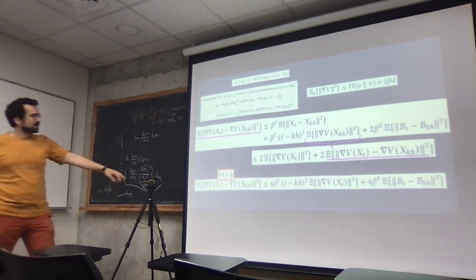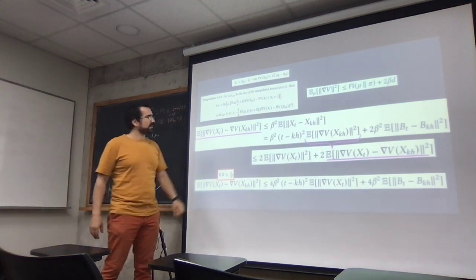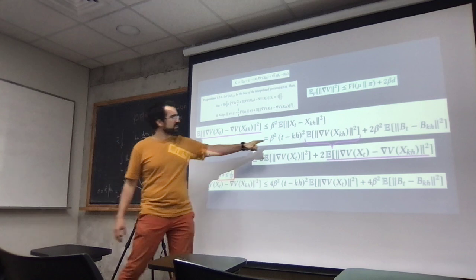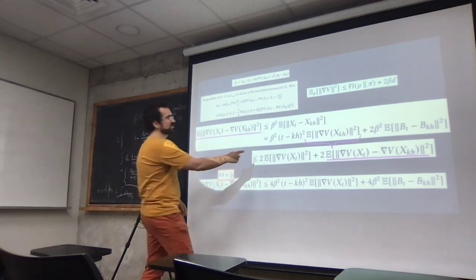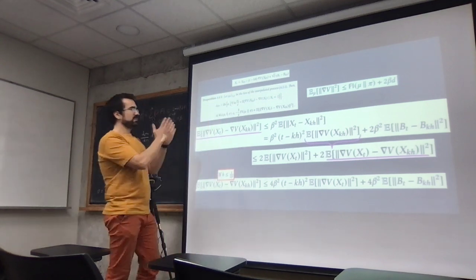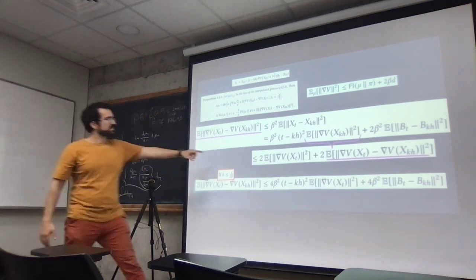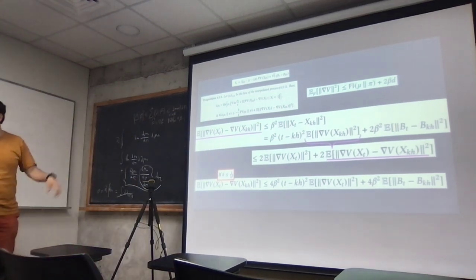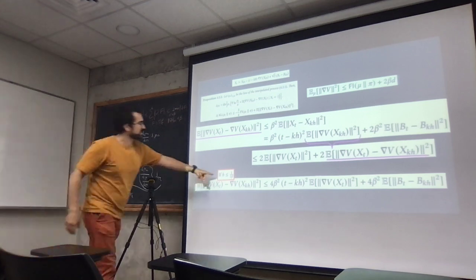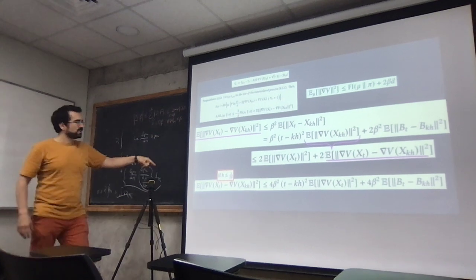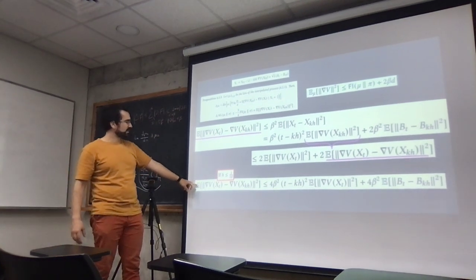But here we are putting a condition that h is small enough, and then this can be reabsorbed. So t is smaller than the time step: we are looking at t in between kh and (k+1)h, so this quantity inside the square parentheses is smaller than h. If h is small enough, then I can reabsorb it, and I end up with this.